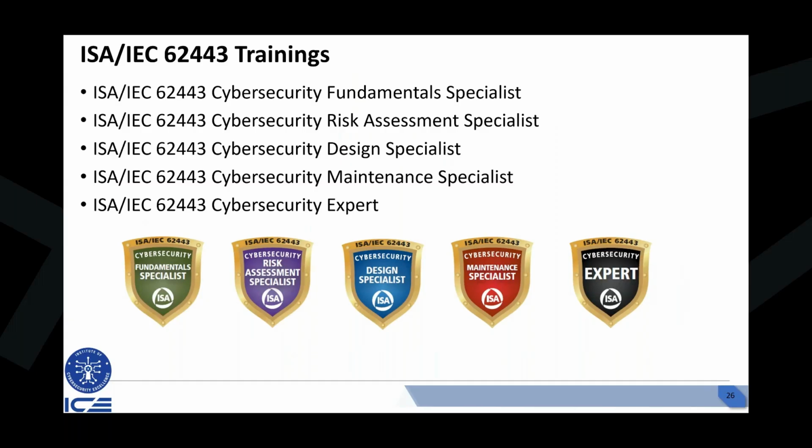Are the maturity levels the same for C2M2? ISA has defined, while the security levels are generally similar in nature, you saw that on the screen, but ISA has defined it in their own way. And if you're following 62443, then you should follow the maturity levels as defined in the 62443-2-1.